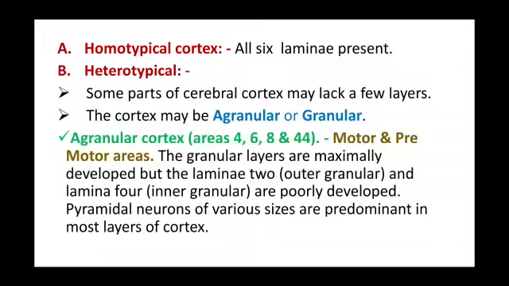The pyramidal layers are maximally developed, but in lamina 2, the outer granular layer, and lamina 4, the inner granular layer, they are poorly developed. Pyramidal neurons of various sizes are predominant in most layers of the cortex.